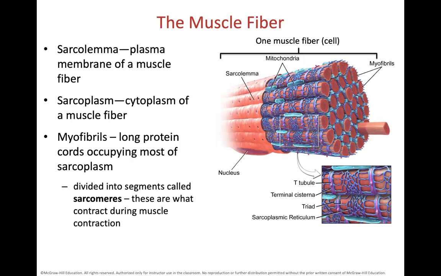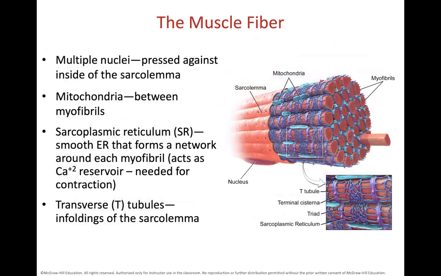The sarcomere is what actually contracts. You'll see all of these terms again. And like I said, I'll try to remind you of what they mean, like the sarcolemma is the plasma membrane, etc.